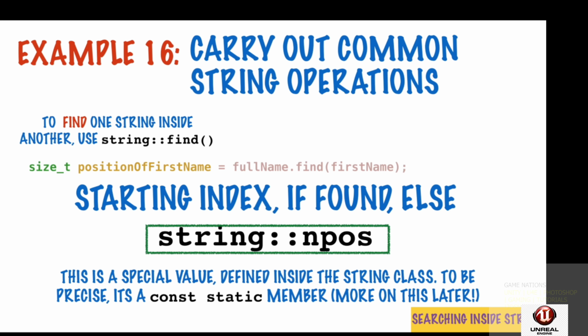Even if we did compare it against a constant, that constant would have been a global constant defined using the hash define preprocessor directive. Here in C++, the constant has a specific meaning, and that meaning is tied to the class that contains it. We'll have more to say on const static members later on, but just remember that in C++, you should define constants in this way rather than by using hash defines.